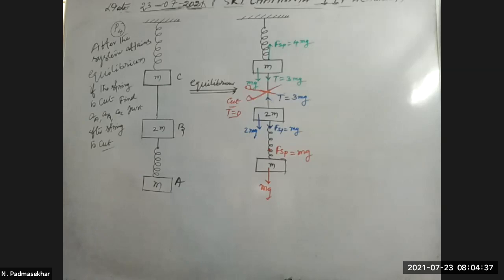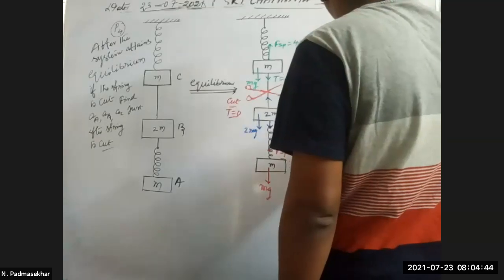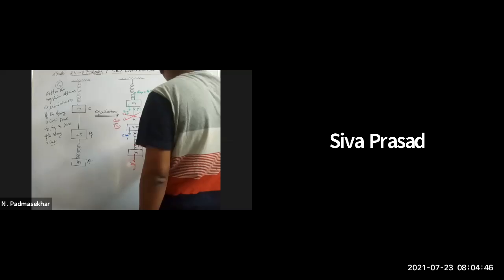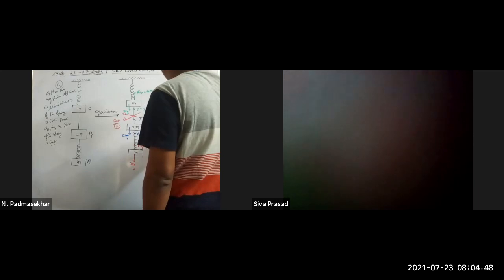Now here, this block of mass M is block C, this is C and this is B. So block C of mass M is there.